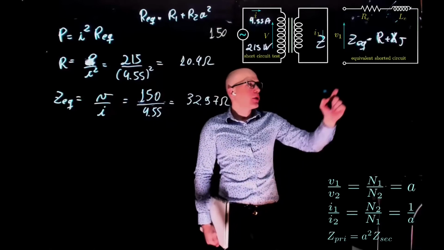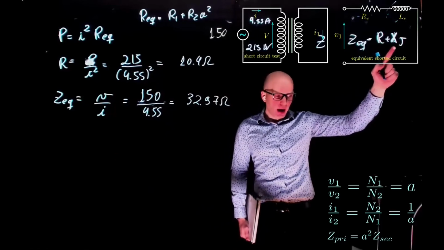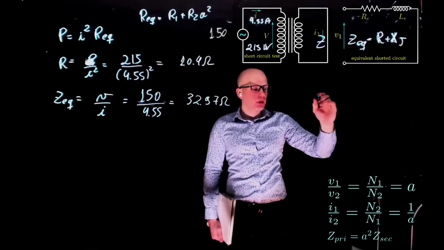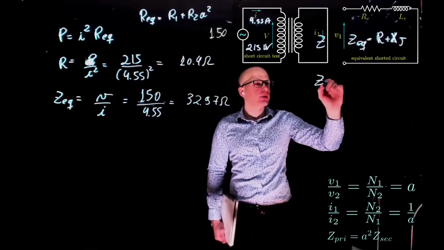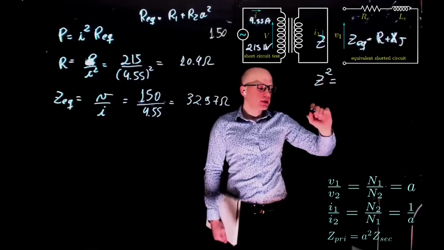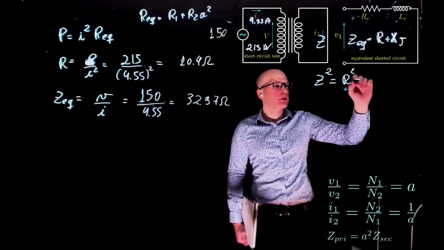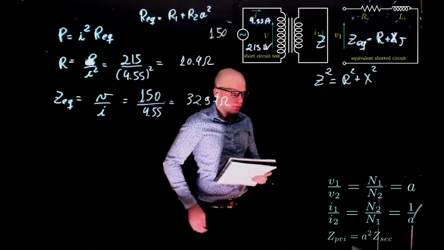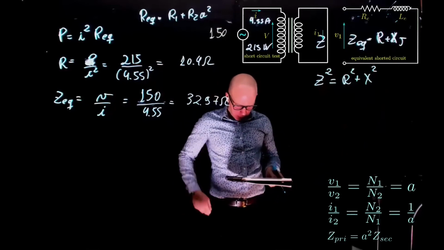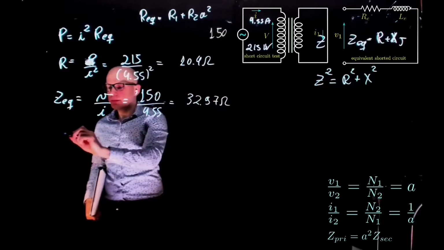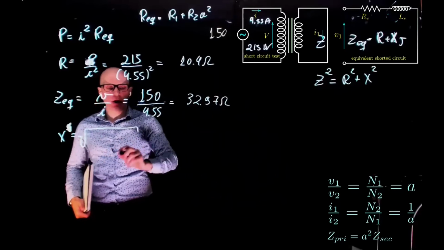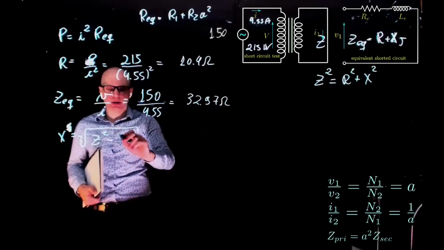All right. So if we have R and have X, how do we find, we have Z, how do we find X? The magnitude of the impedance squared is R squared plus X squared, isn't it? So X is simply the square root of Z squared minus R squared.